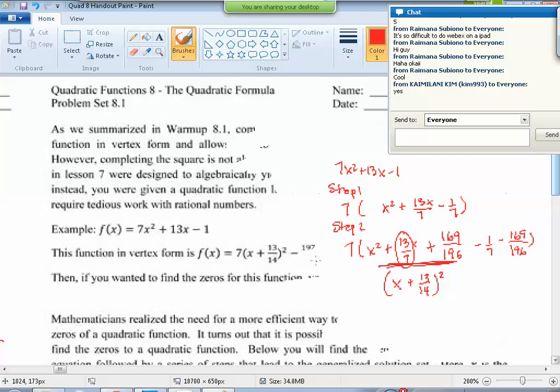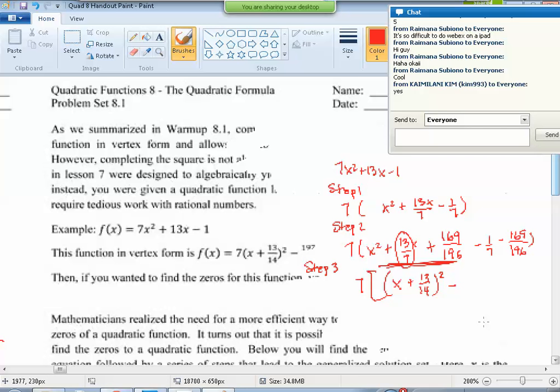I still have my 7 out in front of everything. And by the way, I have minus 1/7 minus 169 over 196. What is 196 divided by 7? I want to combine those fractions. 28.